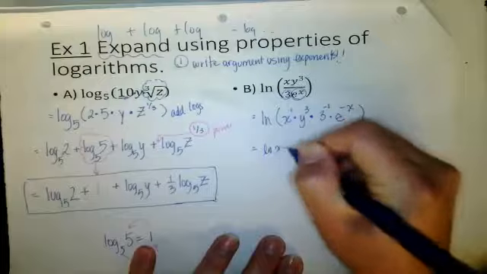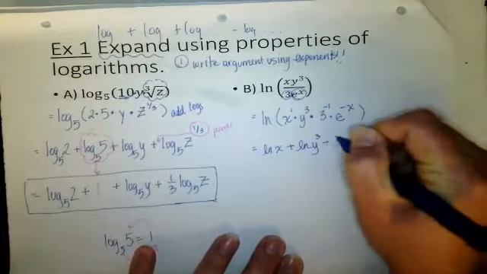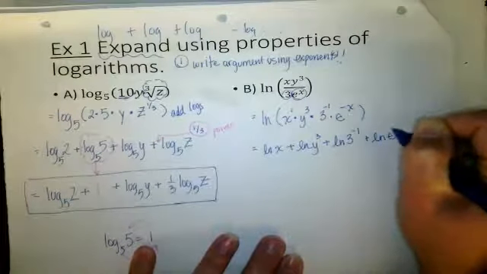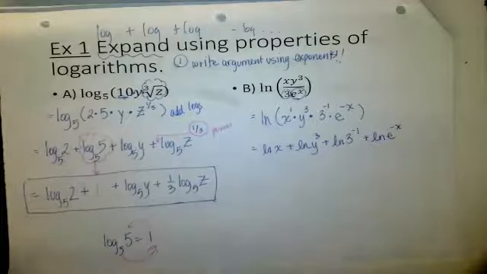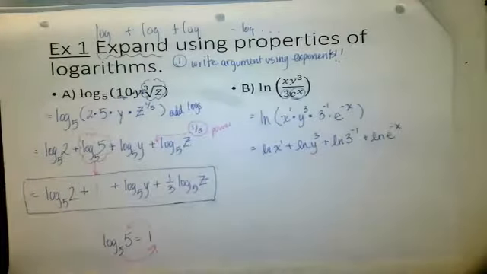The natural log of x plus the natural log of the second thing plus the natural log of the third thing plus the natural log of the fourth thing. So that product property allows me to add up all the logs, the log of each thing. And then I can drop all my powers down in front.